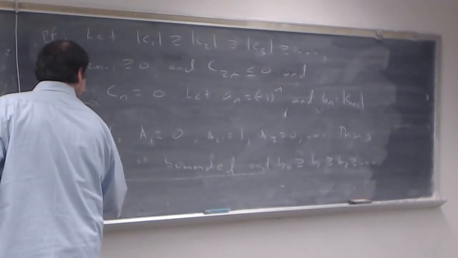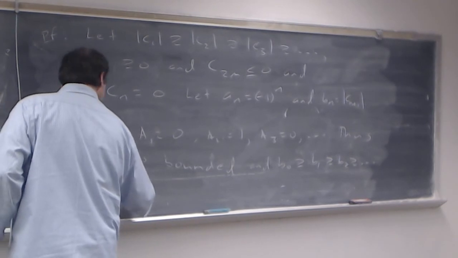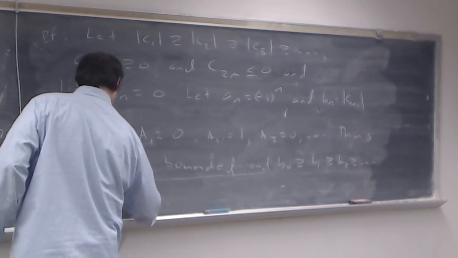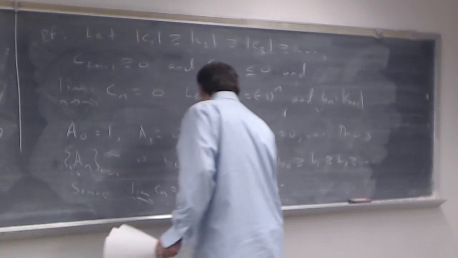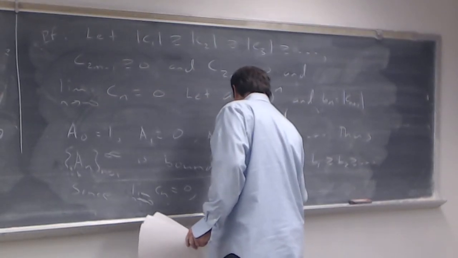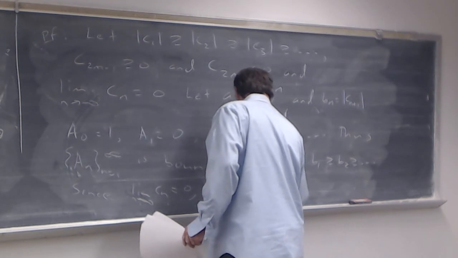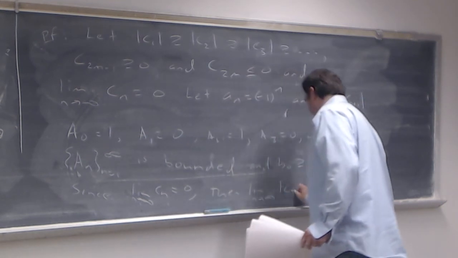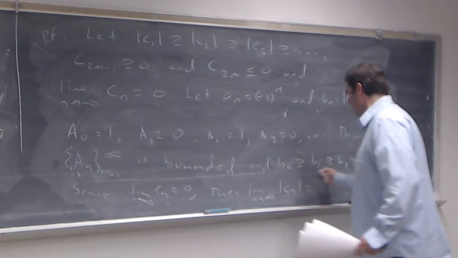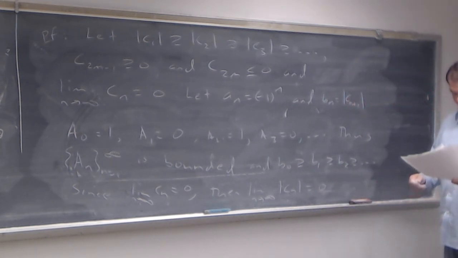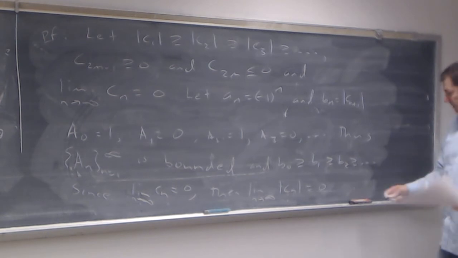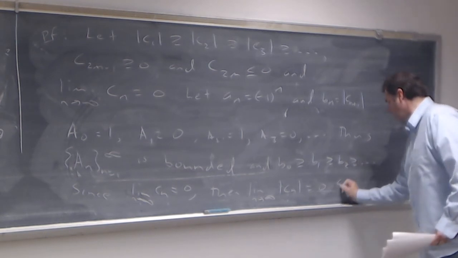Now, since the limit as n goes to infinity of c sub n equals 0, that's going to force the limit as n goes to infinity of the absolute value of c sub n to be equal to 0. So that means that the limit as n goes to infinity of the b sub n's is going to equal 0. I'll write that down here.